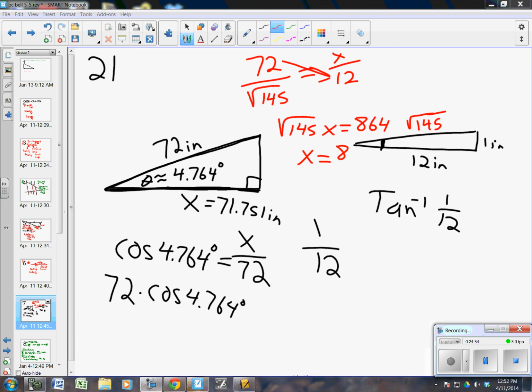So x is going to be equal to 864 divided by the square root of 145. You should get the same answer. Did you get it? Okay. See, Roger, good job. Roger found a different way to find this using proportions. Nice job.